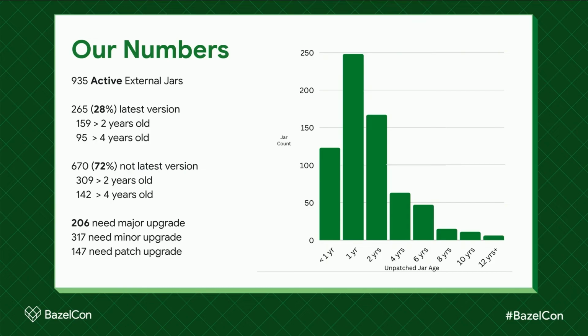So over 70% of our jars were falling behind relative to the open source project. And the big bummer about that was 206 were major versions behind. In addition, this tool also looks at the calendar age of these dependencies, and we're seeing stuff that's 4 years old, 6 years old, 8 years old, 10 years old.